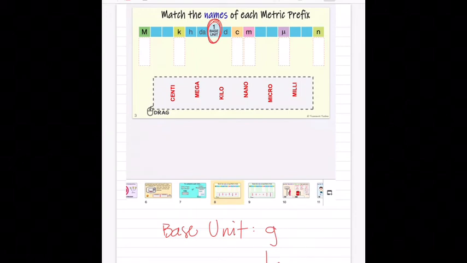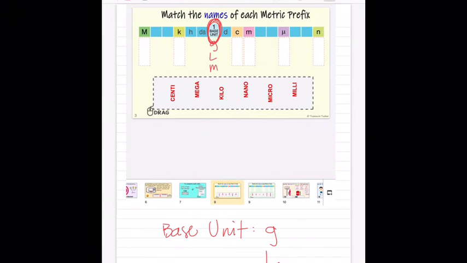It's just straight up grams, liters, meters. I'm sure that you've heard about kilogram, kilometer, milliliter, but they're using a base unit and adding a prefix. So the base unit is right here. This is going to be gram, liter, or meter. Now, liter is a capital L.